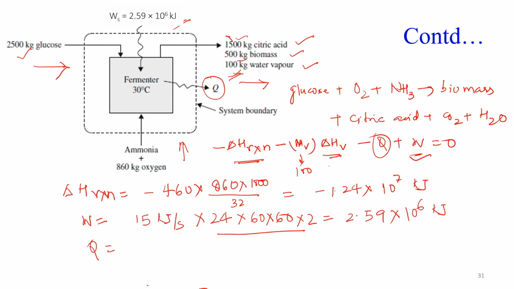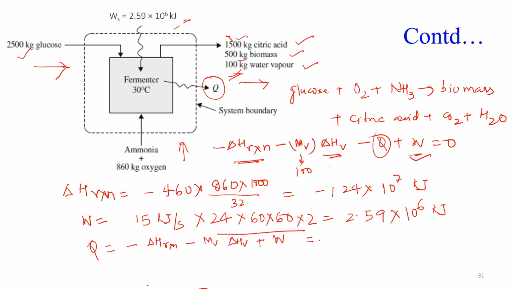Q will be now minus delta H reaction minus mv delta Hv plus W, and we have already calculated all the parameters.